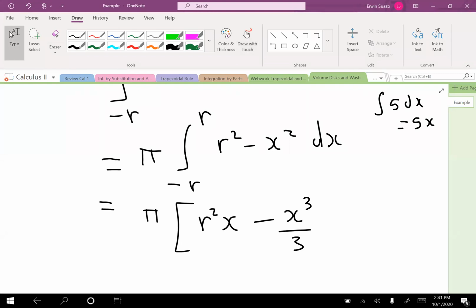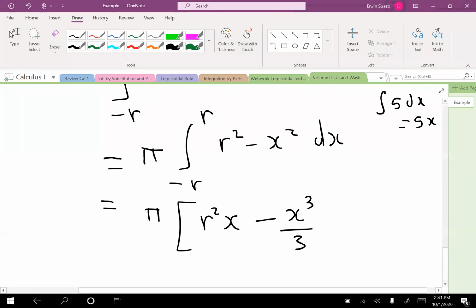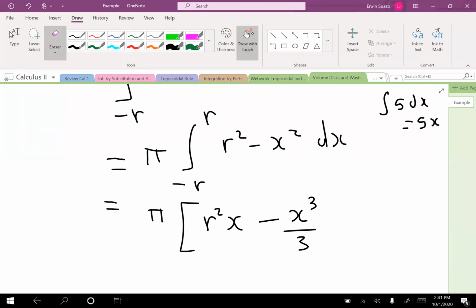What is the antiderivative of r? R is a constant. So the antiderivative of r is just rx, okay? Same thing if it's r squared, it's just a constant. And then we evaluate between minus r and r.